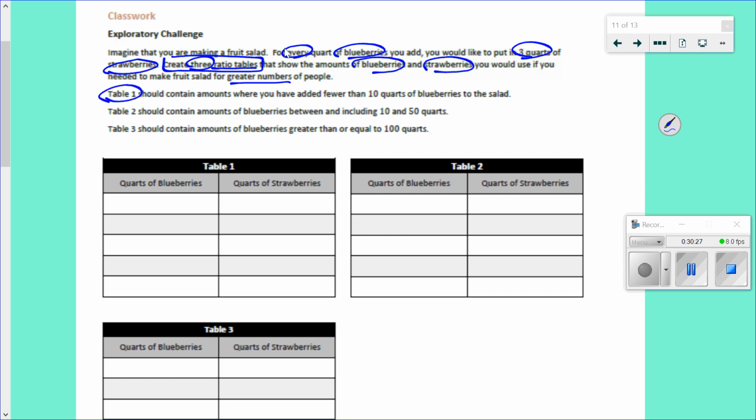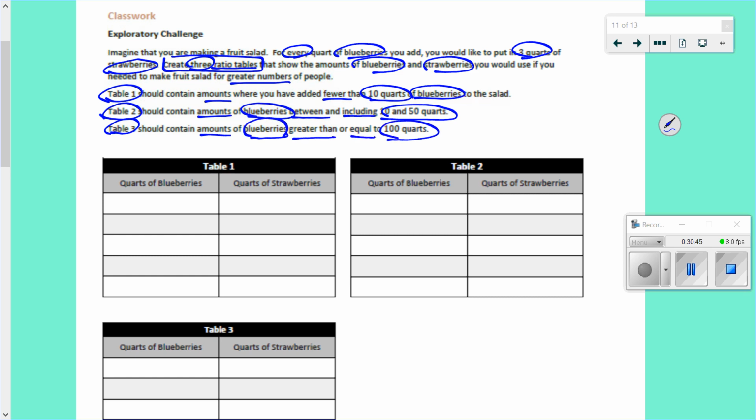Table 1 should contain amounts where you have added fewer than 10 quarts of blueberries to the salad. Table 2 should contain amounts of blueberries between and including 10 and 50 quarts. Table 3 should contain amounts of blueberries greater than or equal to 100 quarts. So they've given us these values to drive how we build the tables.